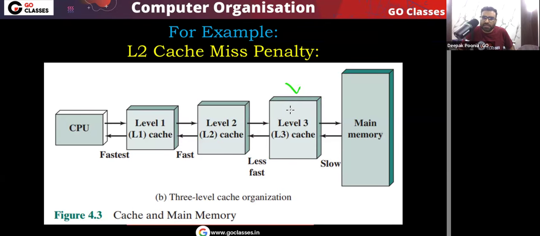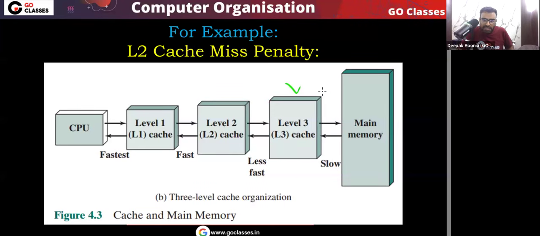If there is a hit, then that's it. We only have to pay this penalty, which simply means the L3 cache access time. That is the penalty when there is a hit in the L3 cache.